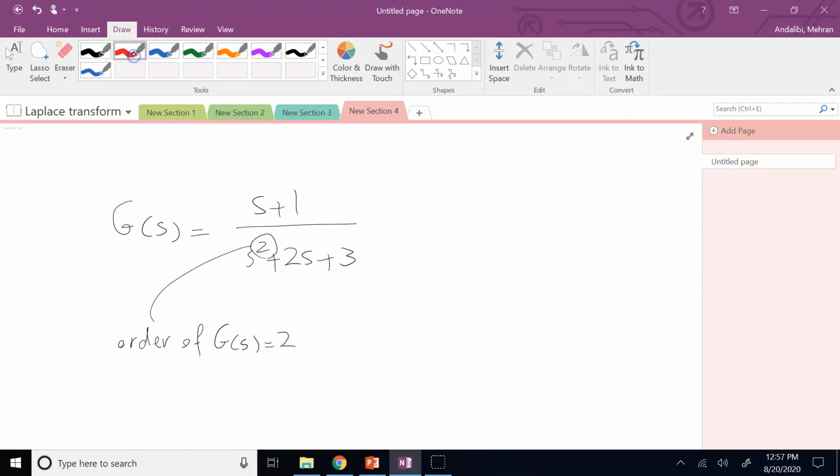Then this polynomial in the numerator, if it has any root, so we set this equal to 0, any root we find, which is just -1, this is the zero of the transfer function.